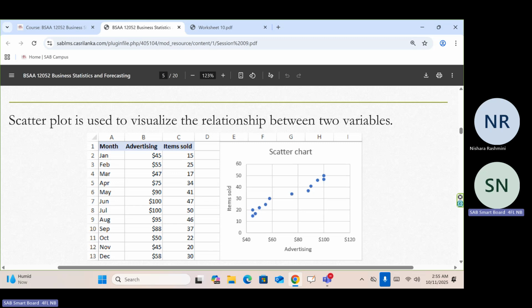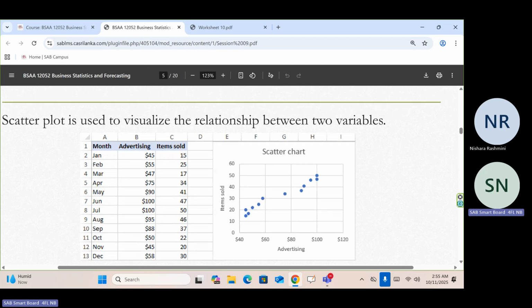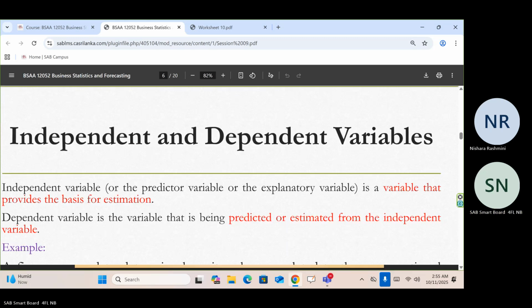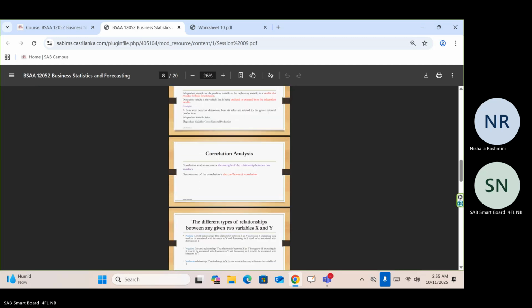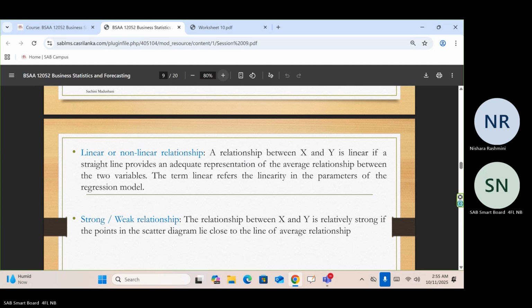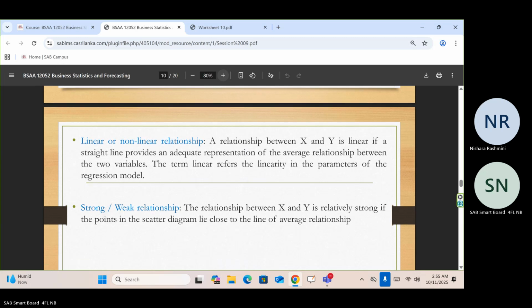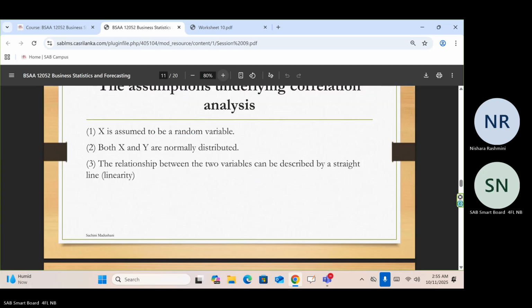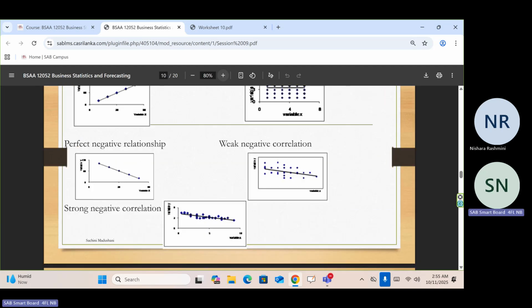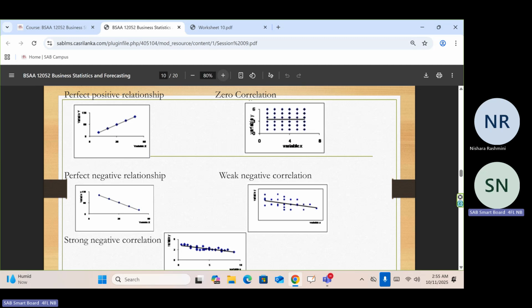Understood? Then this is the way we can create the scatter plot diagram. When we draw the scatter plot diagram, normally we do not get the straight line on it.